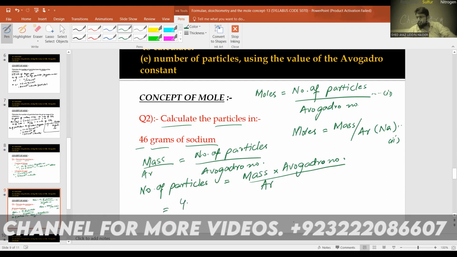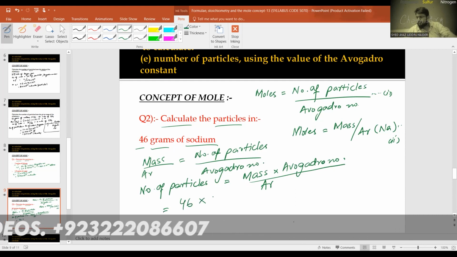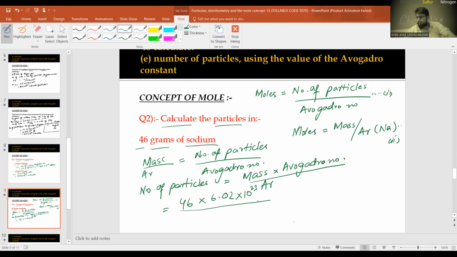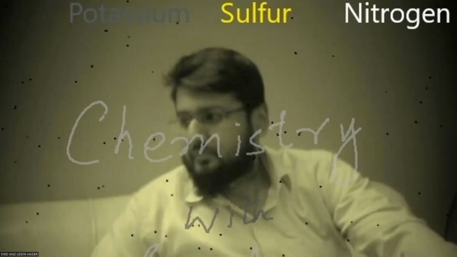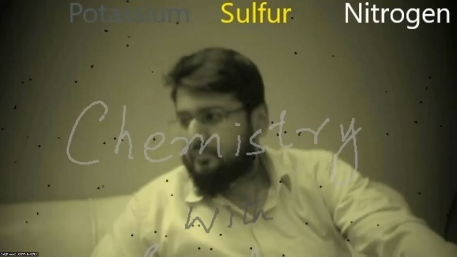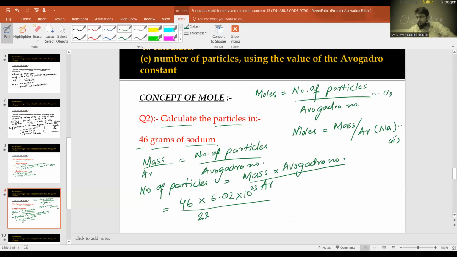Now putting the values, mass is provided, that's 46 grams. And Avogadro number, we know that 6.02 into 10 raised to the power 23, and divided by the AR of sodium. I will show you, AR of sodium. Here is sodium and this is the AR. 23 is the AR, so we'll write 23 here.